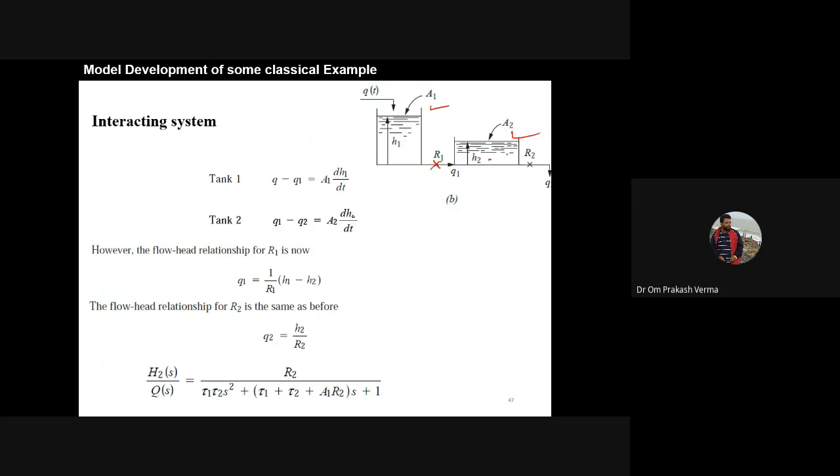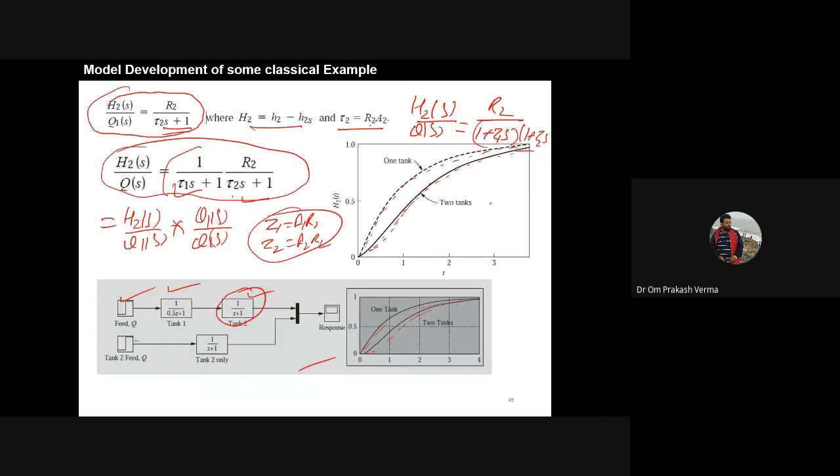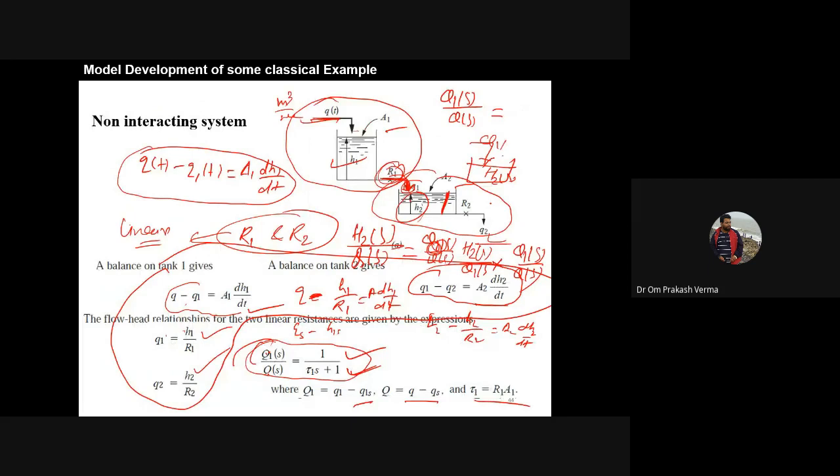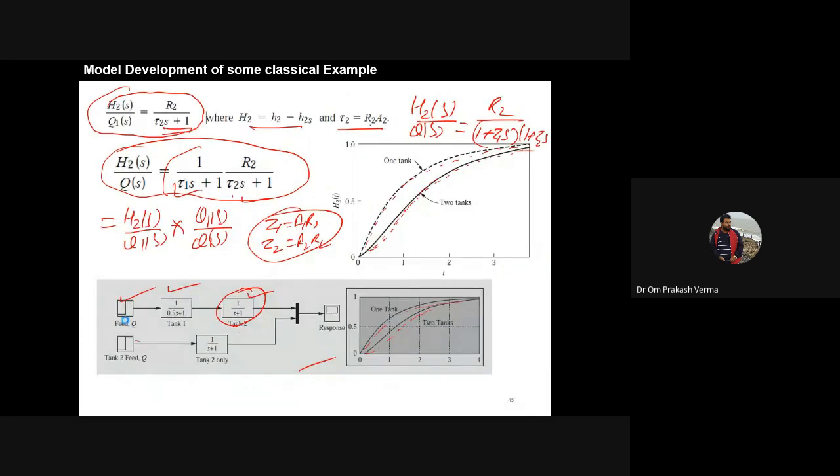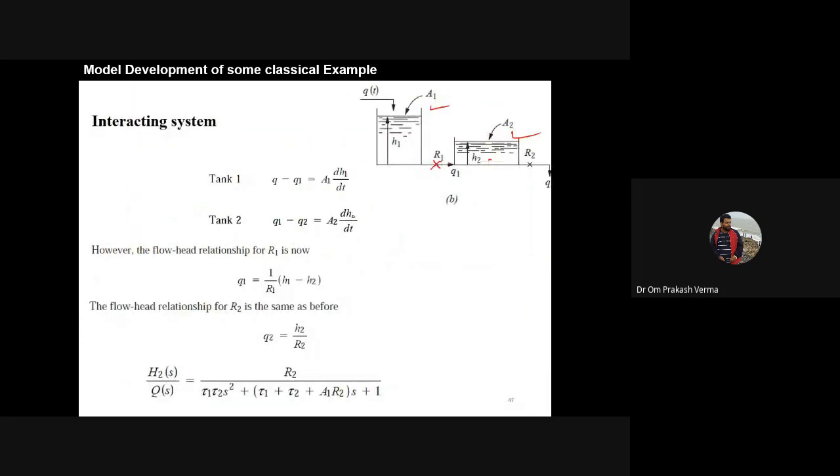Okay. So in the first case, Q1 is equal to H1 by R1. However, in this case, Q1 is nothing but H1 minus H2 by R1, because it depends on both.